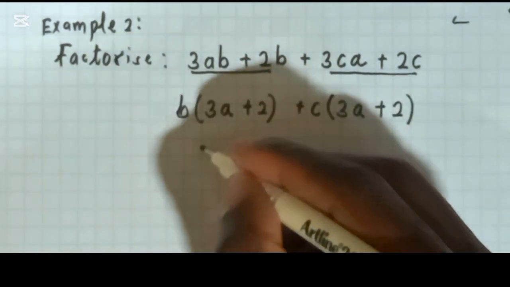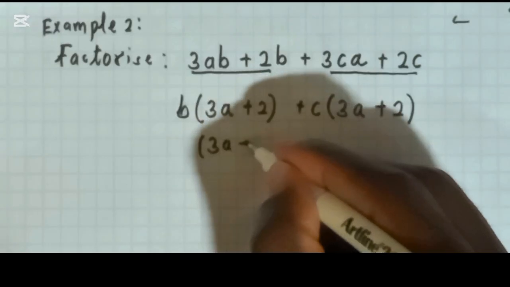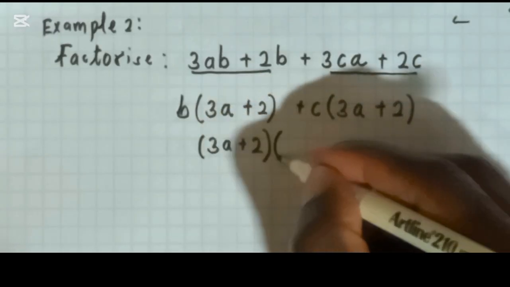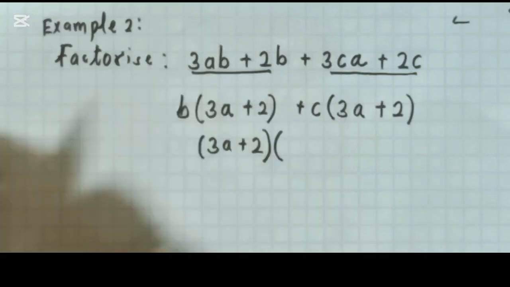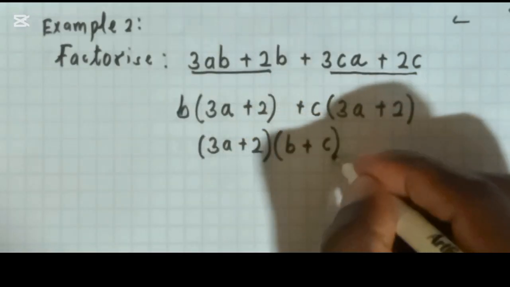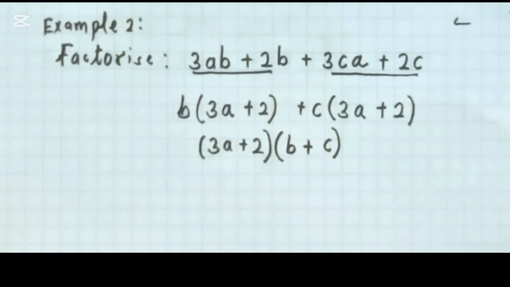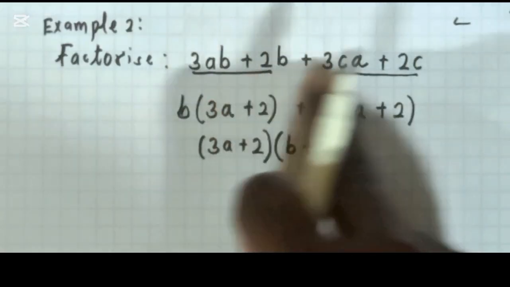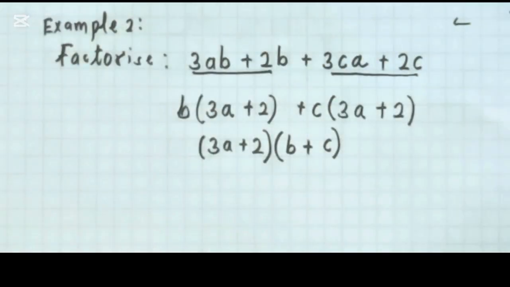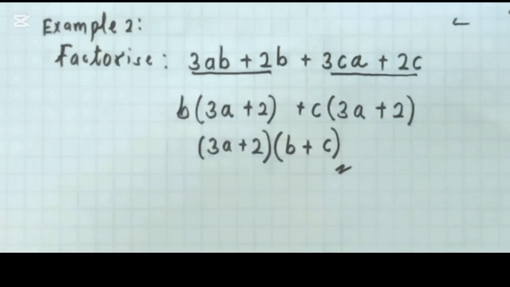So we are going to maintain the identical terms within the bracket, and that's going to be 3a plus 2 into whatever common factors we are having outside the expression, and that's going to be b plus c. Now, if you were to expand this simplified version of our expression, you'd go back to the expanded version. And so that is going to be the solution for this particular example. Let us handle the last example in this subtopic.